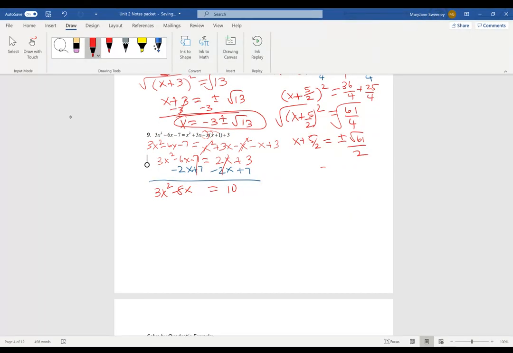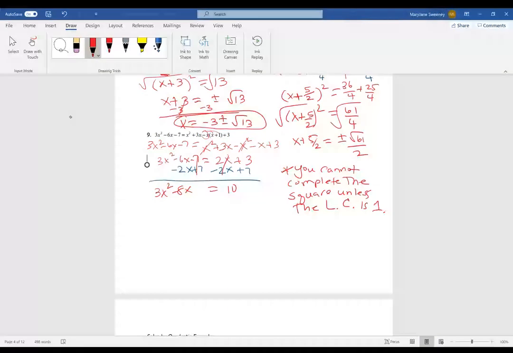One thing that you have to know is you cannot complete the square unless the leading coefficient is 1. So in this problem, a mistake a lot of times people would make is they would start to try to complete the square.